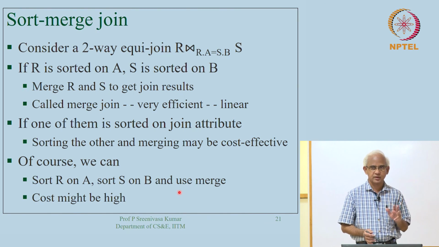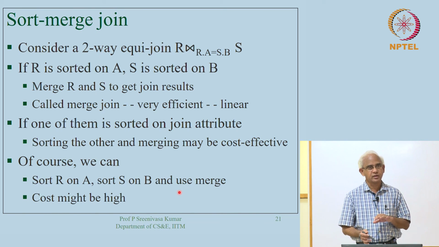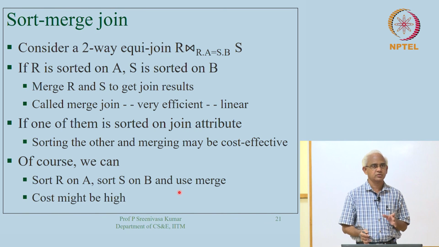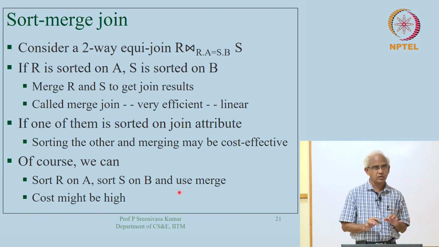If an index exists on one of them, then you can use the single loop index join. The competing algorithms are hash joins, so you can make use of hash joins and partition hash joins appropriately. For each of these algorithms, you should also have some idea of the cost that you are going to pay.